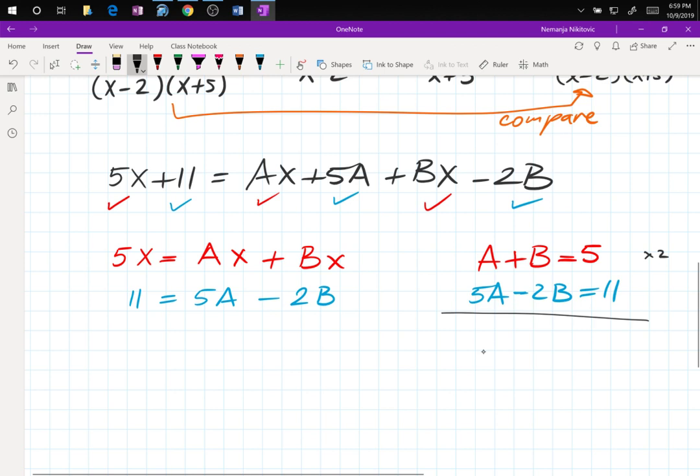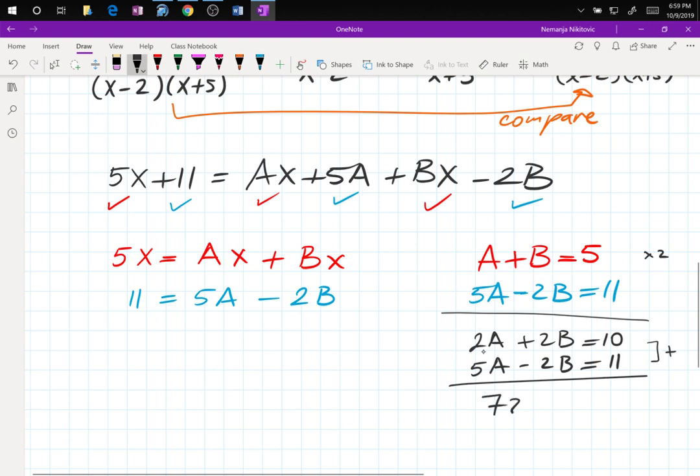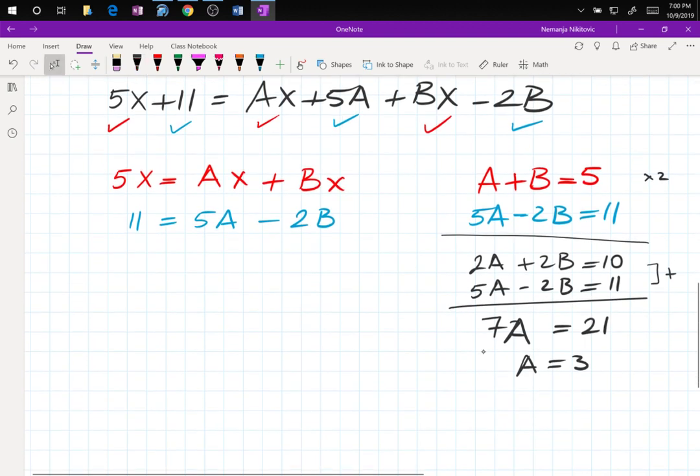So I have 2A plus 2B is equal to 10. And then I have 5A minus 2B equals 11. When I add two equations, I get 7A equals 21, A equals 3. And if A is equal to 3, I have 3 plus B is 5. B is equal to 2.